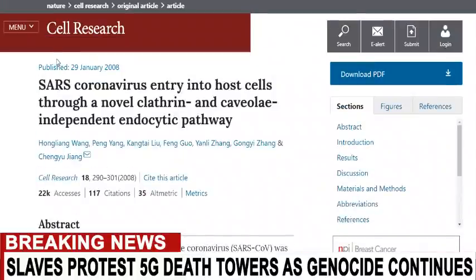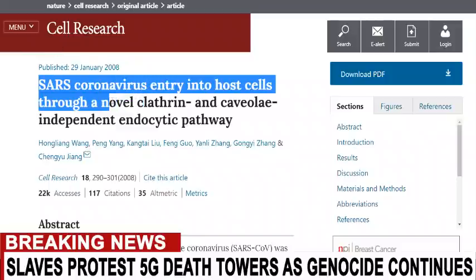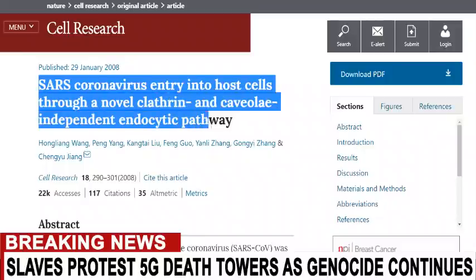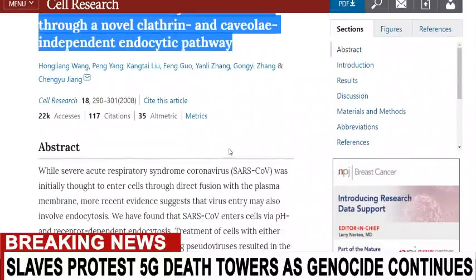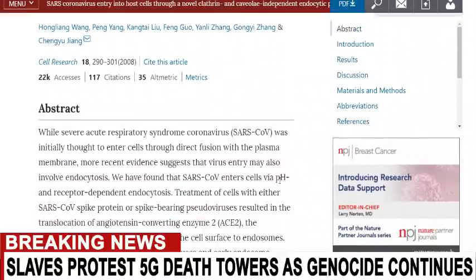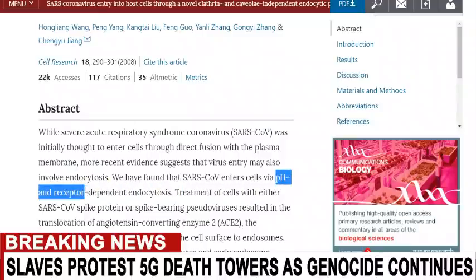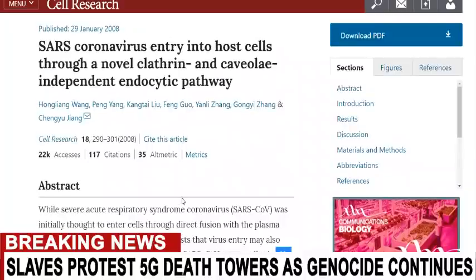According to Nature Cell Research, SARS coronavirus entry into host cells goes through a novel chain of events and pathways that are dependent on cellular pH and receptor. So there's something to be said about the chemistry of what's going on here.